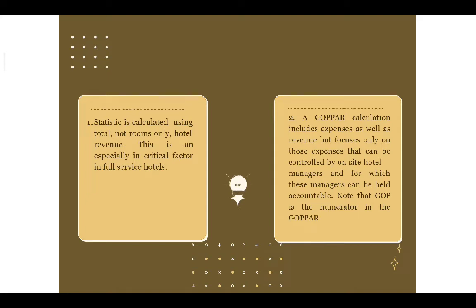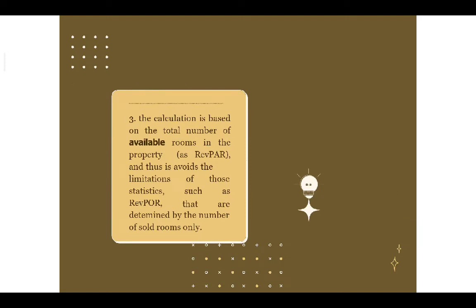Let's take note that the GOP is the numerator in the GOPAR. Number 3, the calculation is based on the total number of available rooms in the property, as with RevPAR, and thus avoids the limitation of those statistics such as RevPAR that are determined by the number of sold rooms only.